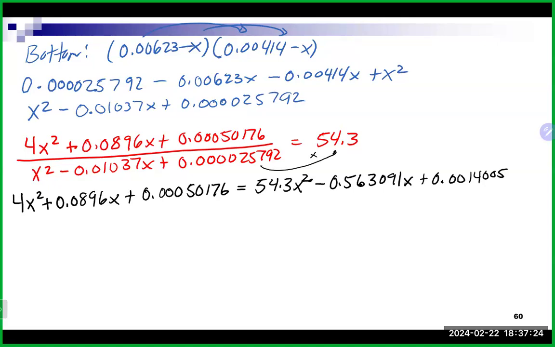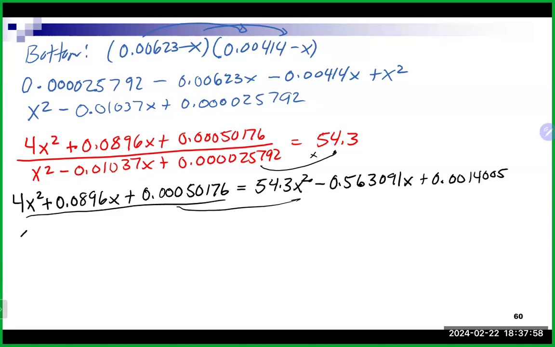We're almost there. We're now going to combine everybody. So once again, most people will keep that x squared positive. So I'm going to take everything on the left-hand side here and just send it over to the right-hand side, yeah? So basically, I'm going to take everything here and bring it over here to combine it to finally give us the equation that we need. And if you do that, you're going to subtract the 4x squared, you're going to subtract the 0.0896x, and you're going to subtract the 0.00050176 to the other side.